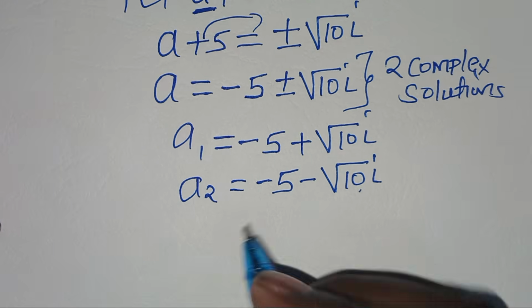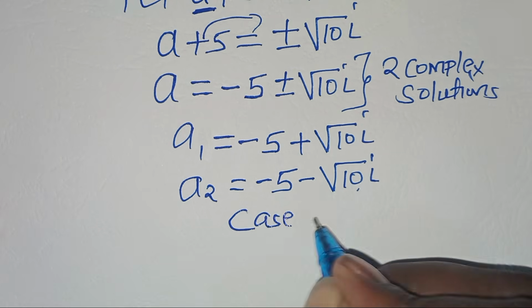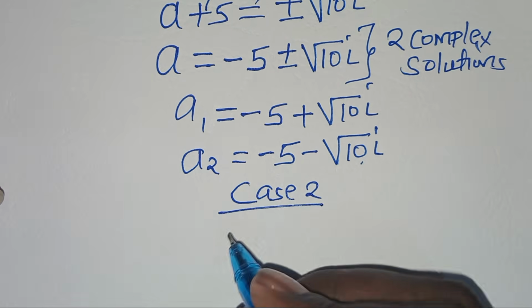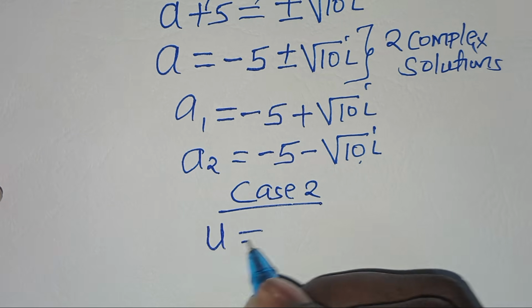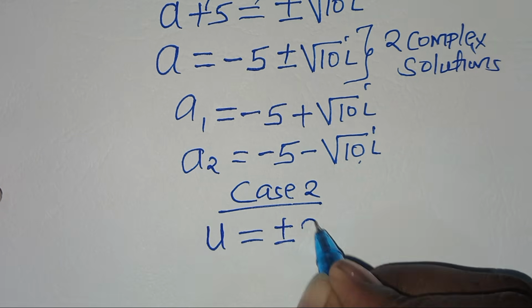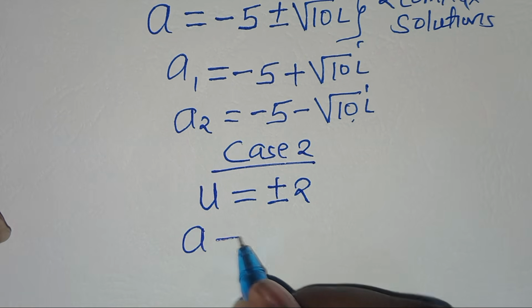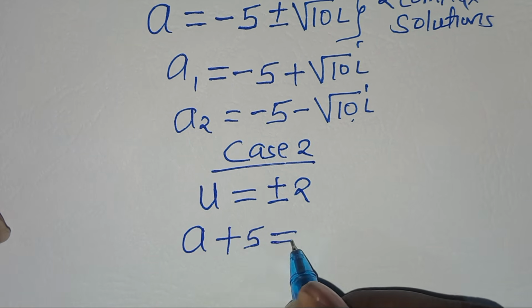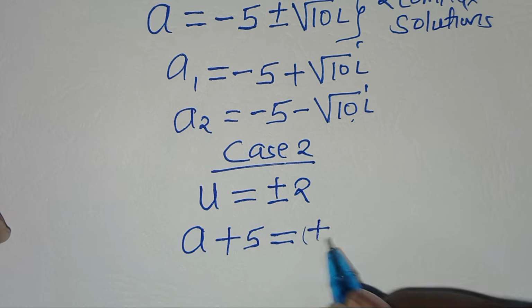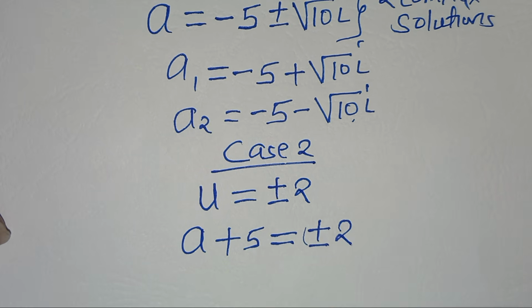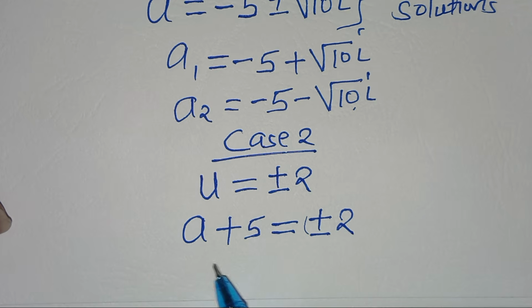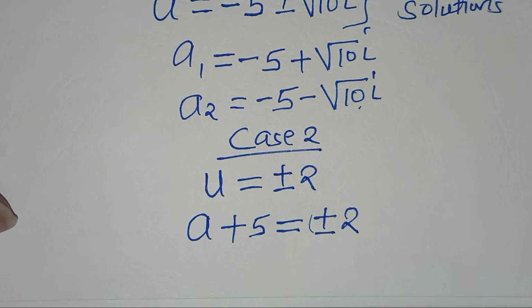Now let's proceed to case 2. In case 2, we have that u is equal to plus or minus 2. So this means that a plus 5, which is equal to u, is plus or minus 2. So we can easily solve for the values of a3 and a4 from here.